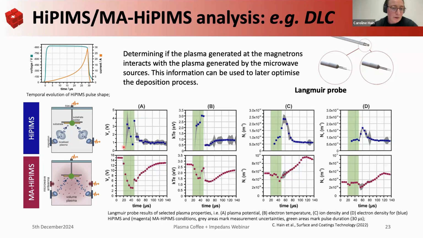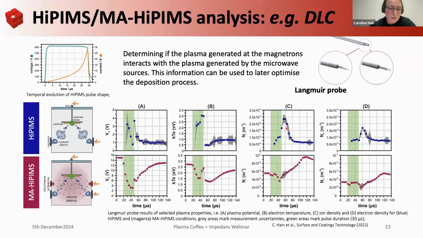We have an increase in our plasma potential to around, let's say, 4 volts. For the electron temperature, we reach something like 3 electron volts. For the ion and electron density, the peak appears just after the pulse, so we need some time after the pulse has ended for the species to travel towards the substrate and be detected.